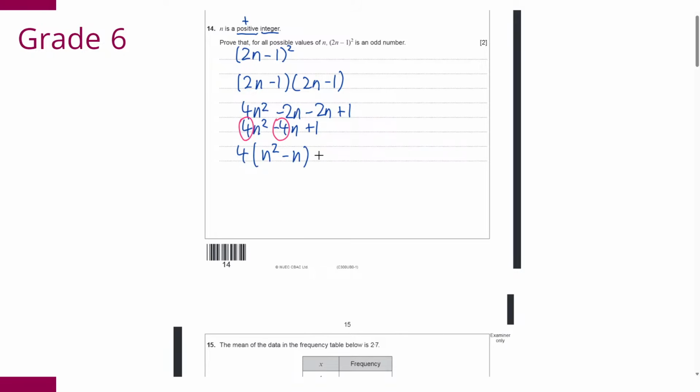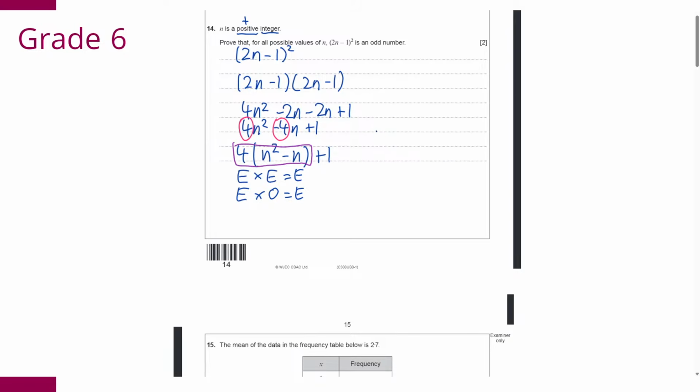Whenever you times something by an even number, even times even equals even, and even times odd, so 4 times 1, whatever, will also be even. So this part here will have to be even.